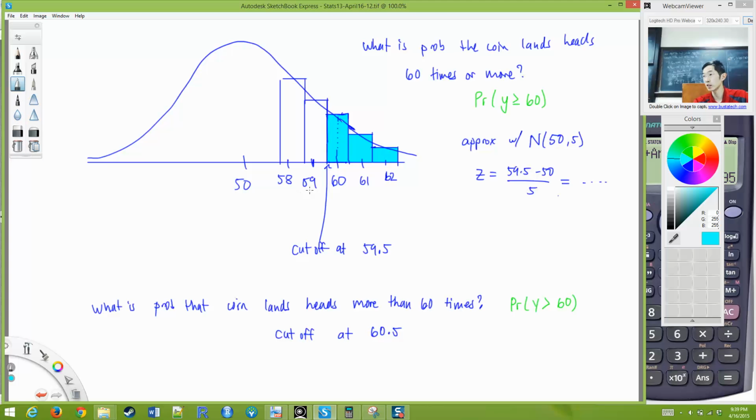And the binomial distribution says it can either be 59 or 60, nothing in between. And so you're going to split the difference between those and get 59.5, okay? In the continuous distribution, we don't make a distinction, because greater than 60 and greater than or equal to 60 are essentially the same thing.